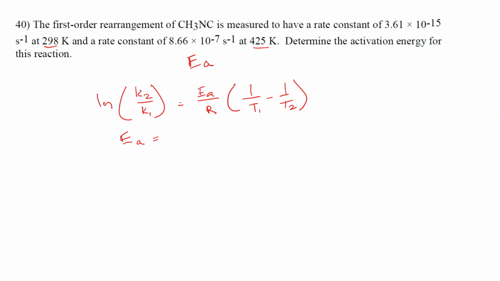So what we should end up with is natural log of the rate K2 over K1 term times R, over 1 over T1 minus 1 over T2. And now we're set to jet.